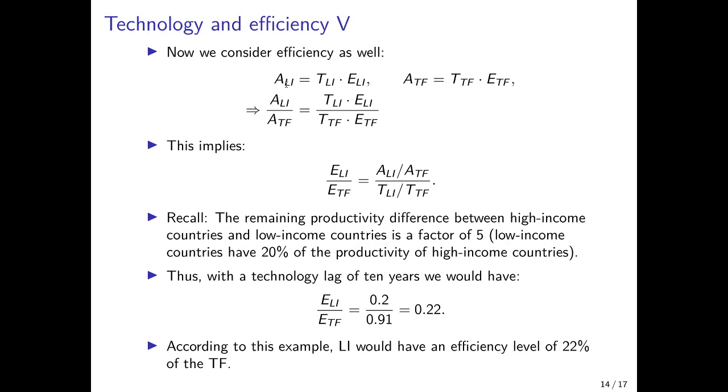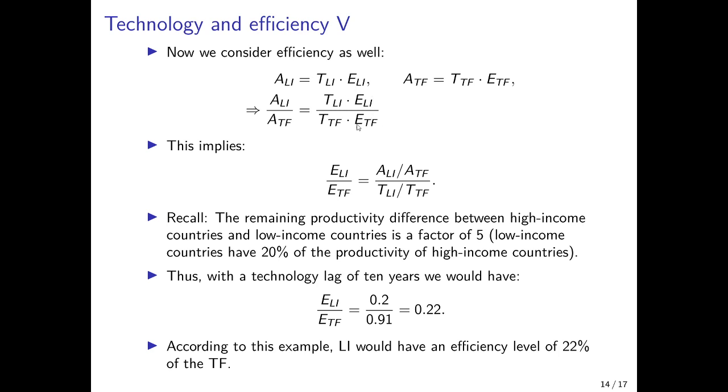We already know that productivity was decomposed into technology and efficiency, and we can write this down for the low-income country and for the technology frontier country. And then if we have that, we can again compute the gap. So we divide the low-income country by the technology frontier, and we get that productivity in the low-income country divided by productivity in the frontier country is the ratio of technology times efficiency in the low-income country divided by technology times efficiency in the technology frontier or high-income country.